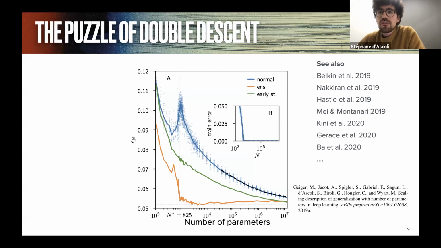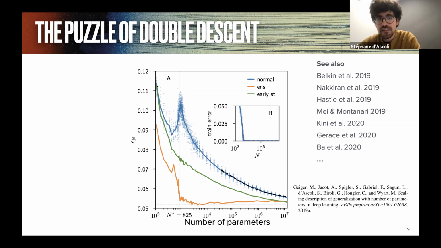So first of all, I'll just show you what this phenomenology becomes in the context of deep learning. So this figure is extracted from a paper in 2019, which was one of the first to observe the same phenomenon of double descent, but in deep neural networks. So this is a fully connected network, of which we're increasing the width of each layer.